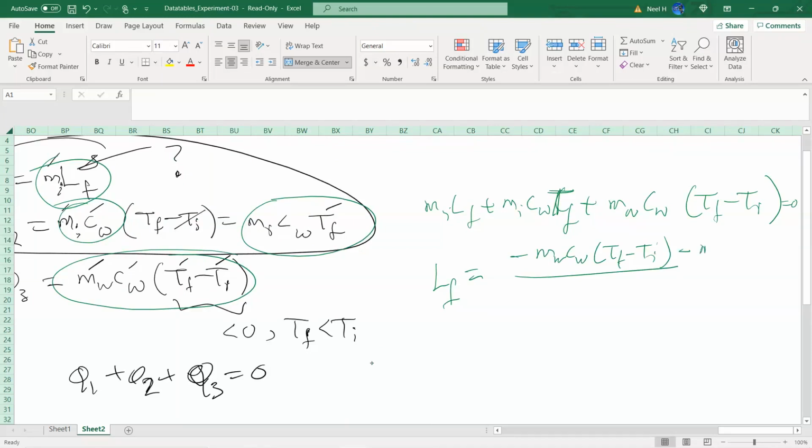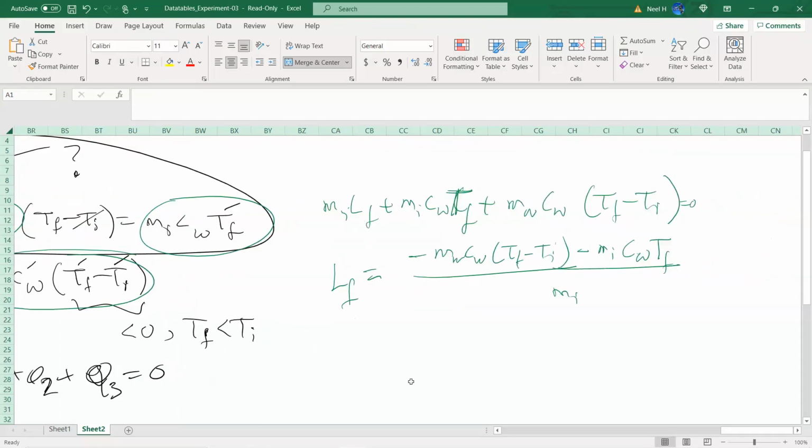First, ice will melt because ice is in the solid state. So it will go to the liquid state. So then the ice will absorb the energy from the water, C_W minus C_W times divided by M_I. Now this part you can see if I do it this way, this part is going to stay as a negative number, but this whole part should become positive, okay? Because T_F is actually less than T_I, so this whole part should become positive.